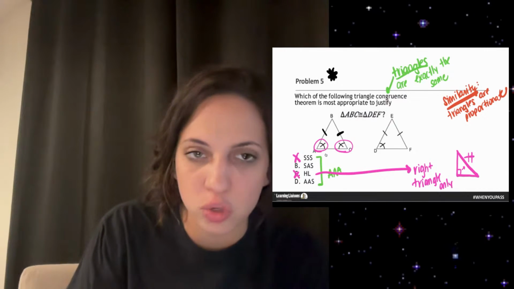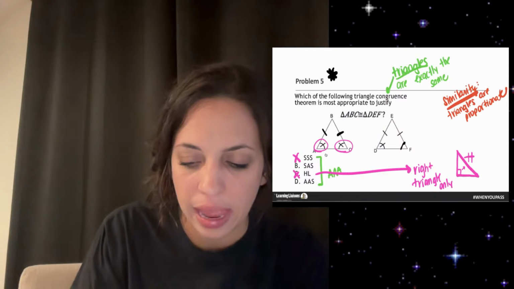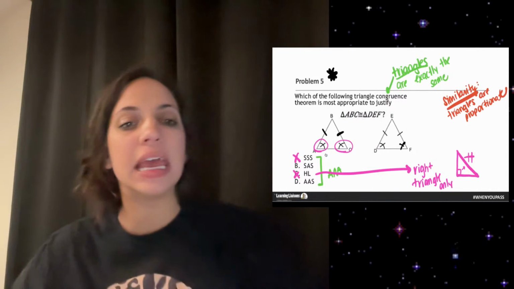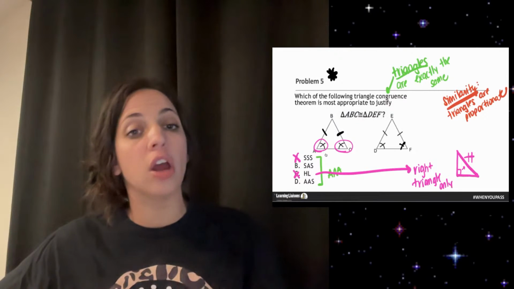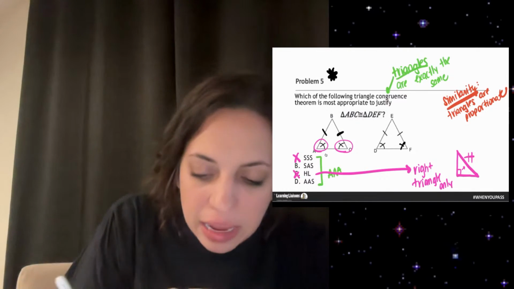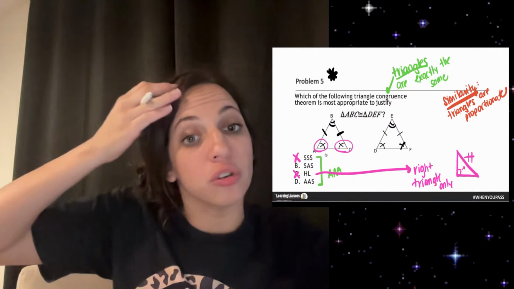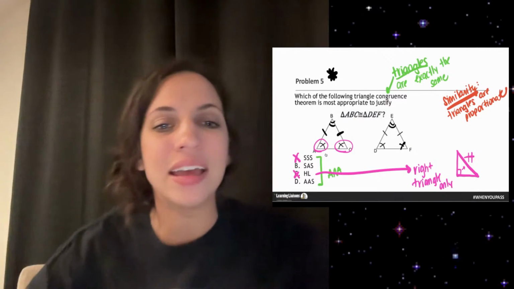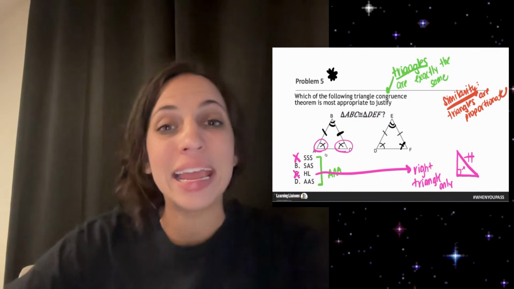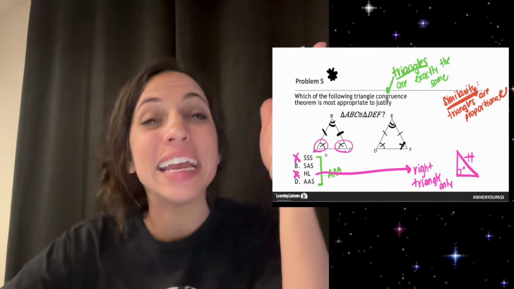And if both angles are the same in both triangles, then I can rightfully assume that these angles are congruent as well, because all triangles equal 180 degrees.